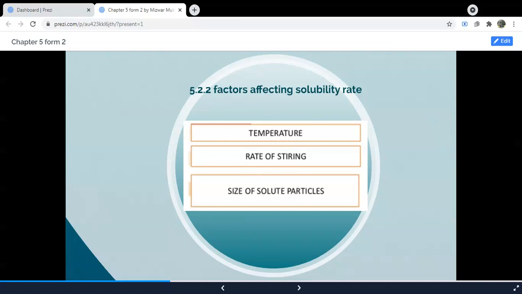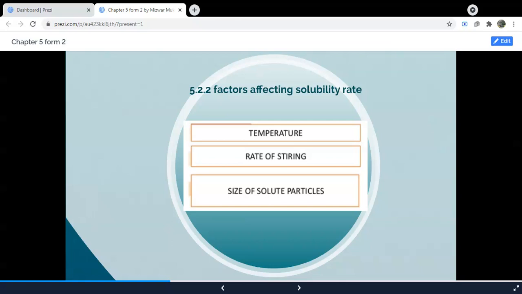Okay, as the temperature increases, the solubility rate will increase. As the rate of stirring increases, the solubility rate also will increase.